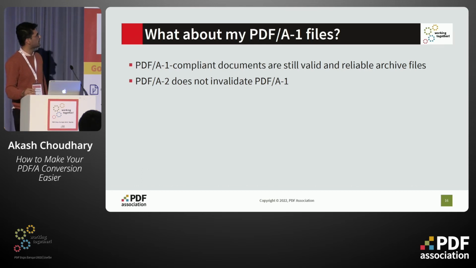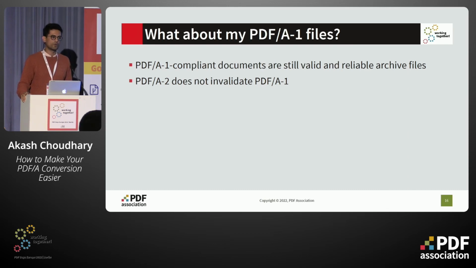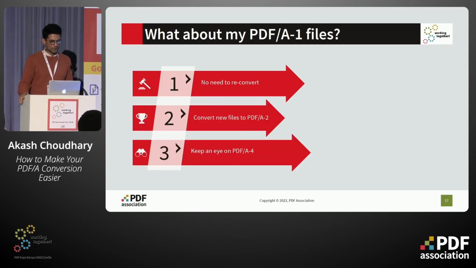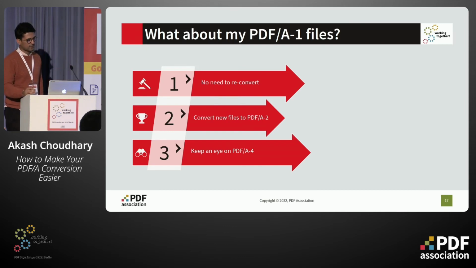They are valid and reliable archive files. And even if you reconvert your PDF A1 files to, let's assume, PDF A2, it does not invalidate PDF A1. So my recommendation is that there is no need to reconvert your already archived files, which are in PDF A1 format.